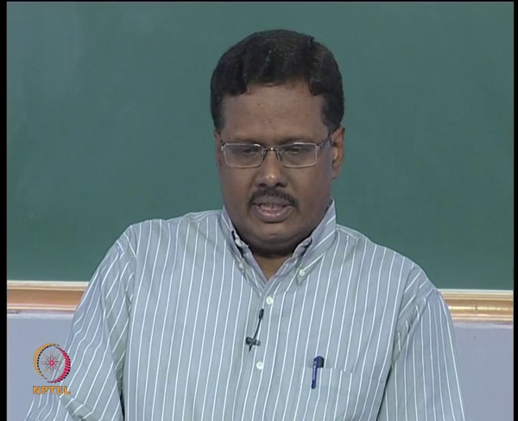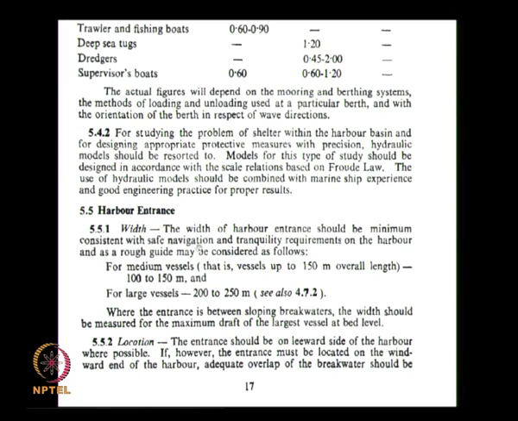That is what it is written here. It should be minimum consistent with safe navigation and tranquility requirements. For medium vessels, that is vessels up to 150 meter overall length, typically it is about 100 to 150 meters. For large vessels it is about 200 to 250 meters.